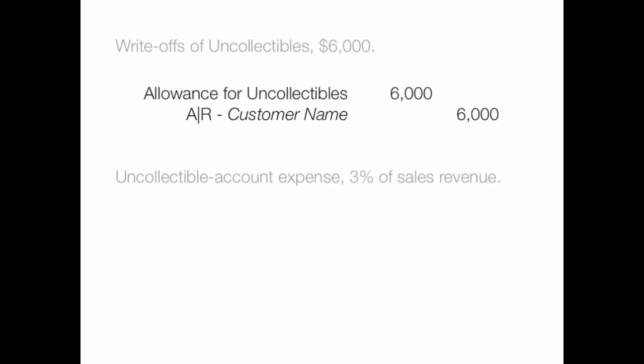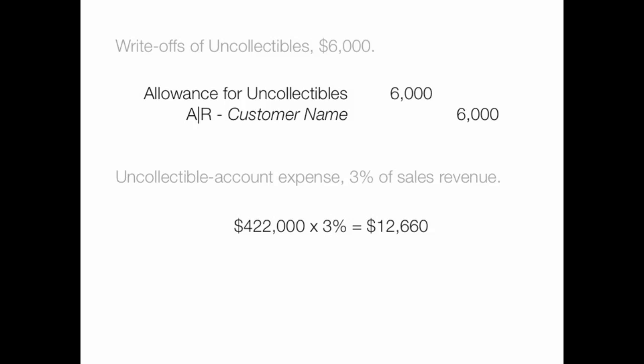And in the last one, uncollectible account expense is 3% of sales revenue. So here we've got another year, and we're determining that 3% of our sales, and in the problem we saw our sales to be $422,000. So to calculate 3% being uncollectible, we would take our sales of $422,000 times 3%.